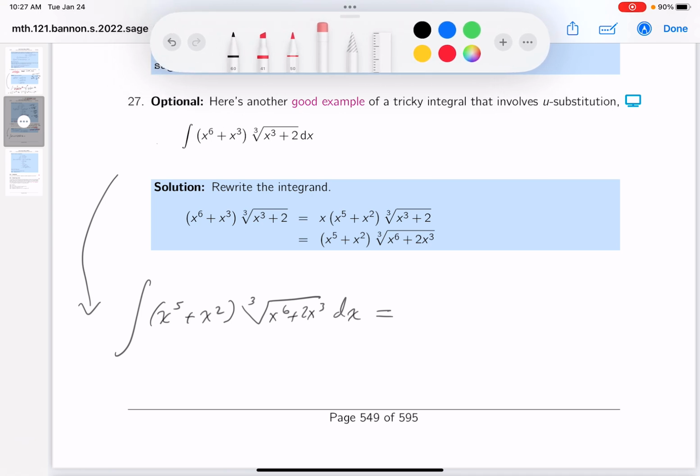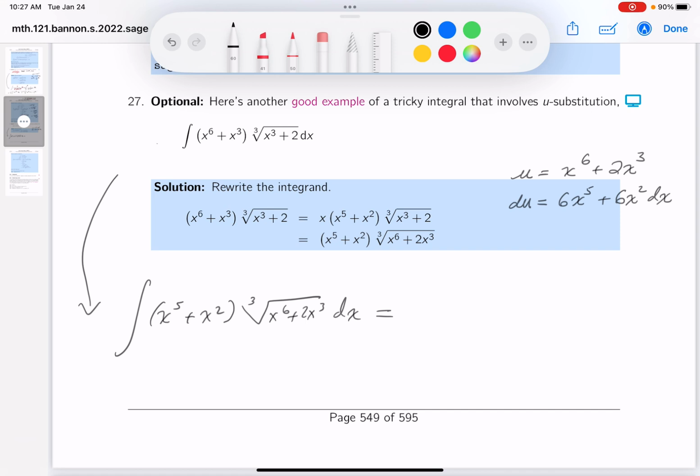Let's write it down. So I'm going to say let u equal x^6 plus 2x cubed. I want to write du down. I'm hoping I'm going to see it. And you're going to get 6x^5 plus 6x squared dx.